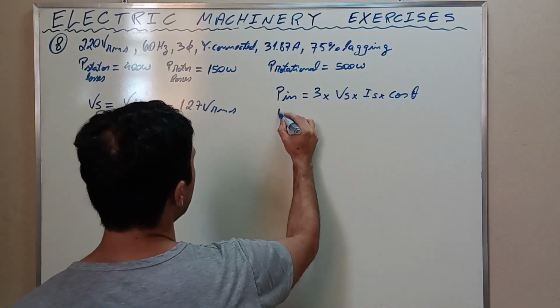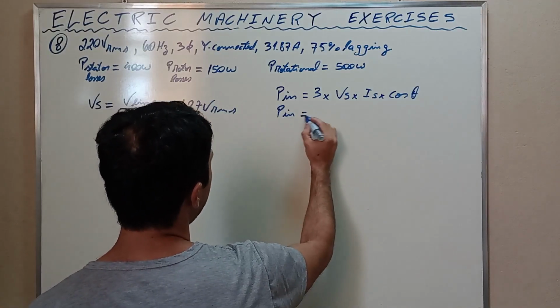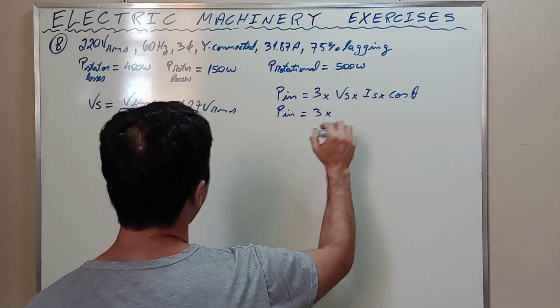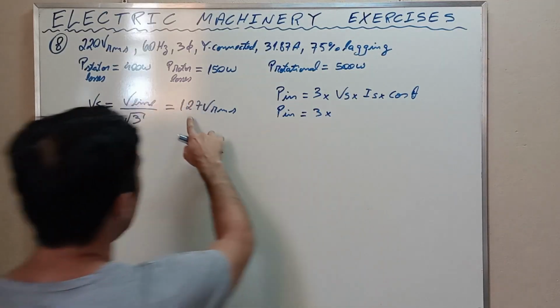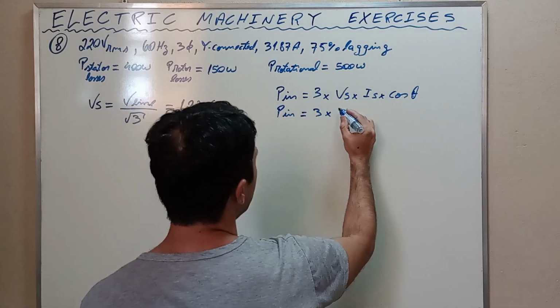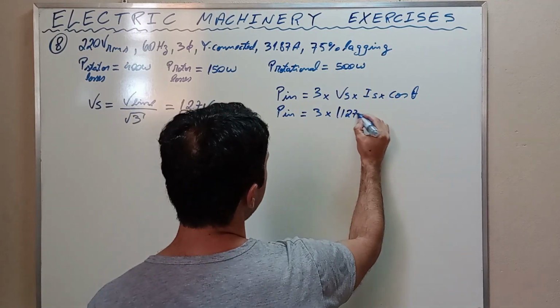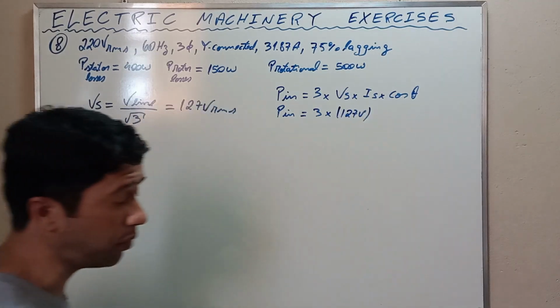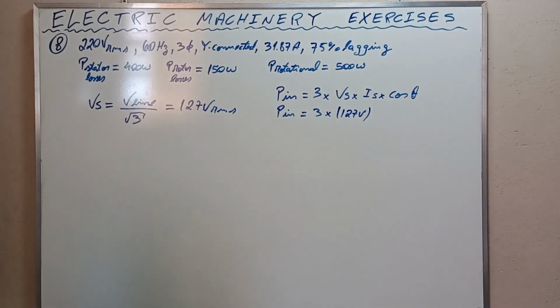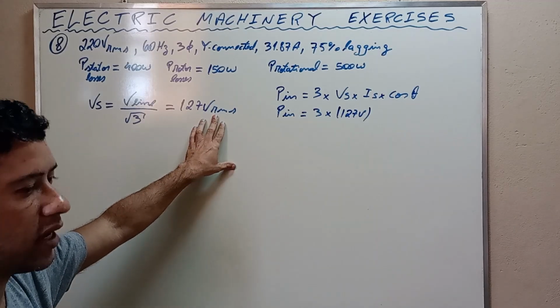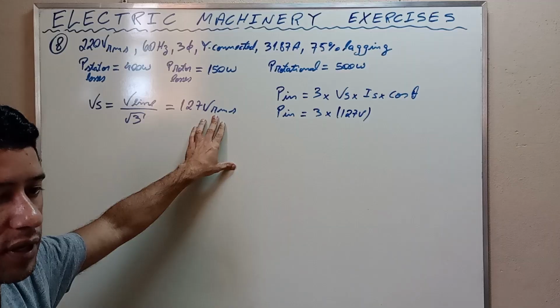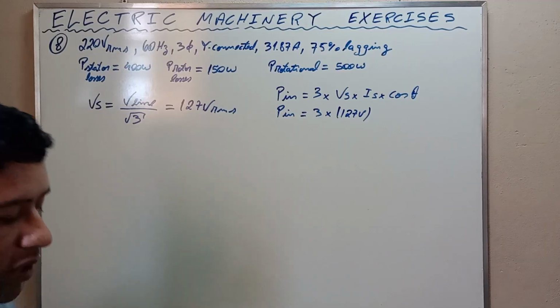The phase voltage we just calculated is 127 volts. Remember that whenever calculating power, we have to use the RMS value of the voltage and the current, never the peak value.